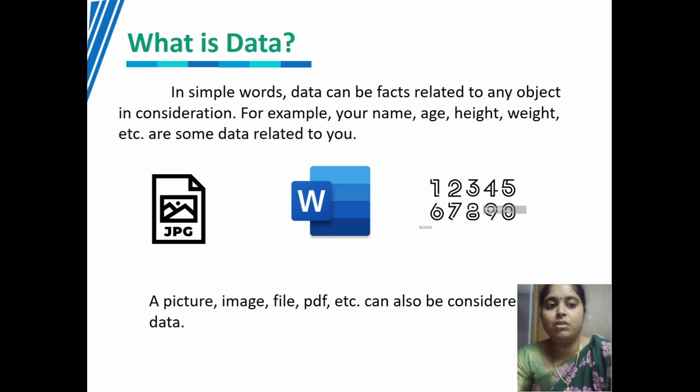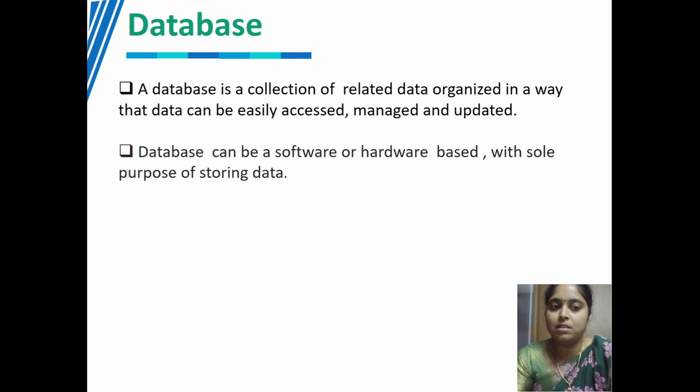We discussed data, now what is a database? A database is a place where we can store the data. Database is a collection of related data organized in a way that data can be easily accessed, managed, and updated. This is the definition of the database. Collection of related data means we store the related, that is similar data, in an organized way.